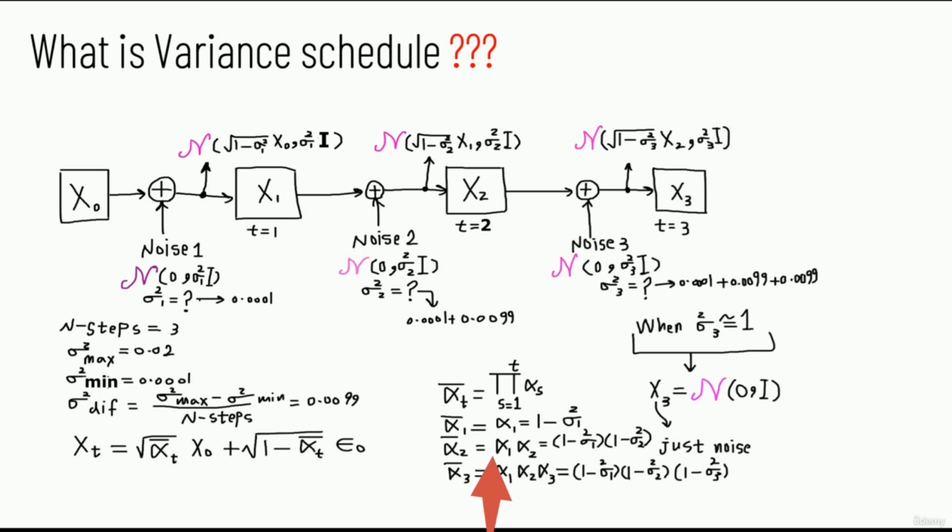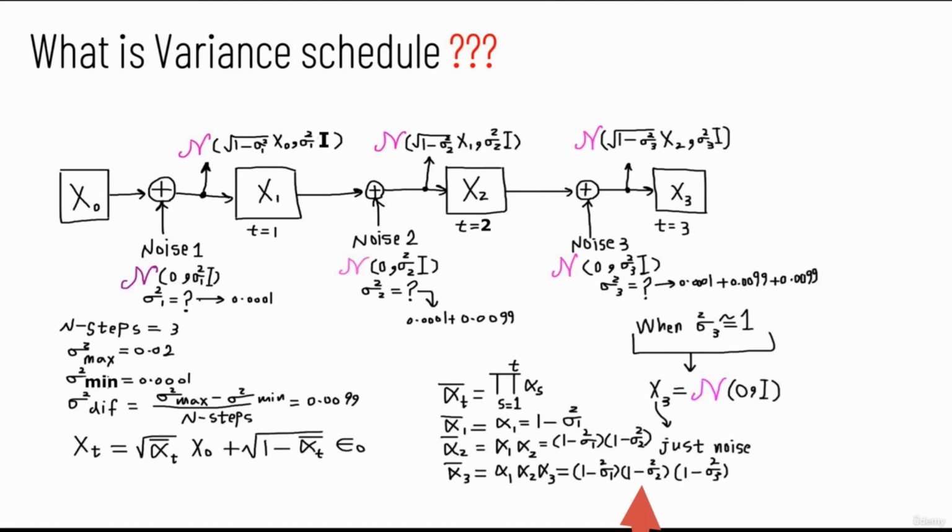It is equal to alpha 1 times alpha 2, which is equal to 1 minus the variance at time step 1 times 1 minus the variance at time step 2. And let's say that we want to compute alpha bar at time step 3, which is equal to alpha 1 times alpha 2 times alpha 3, which is equal to 1 minus the variance at time step 1 times 1 minus the variance at time step 2 times 1 minus the variance at time step 3.